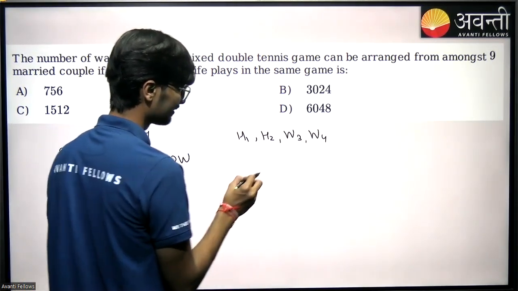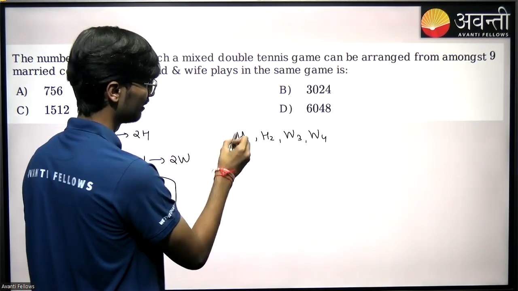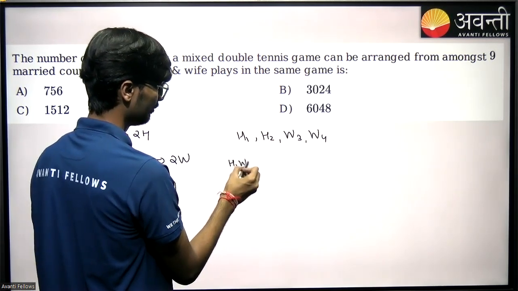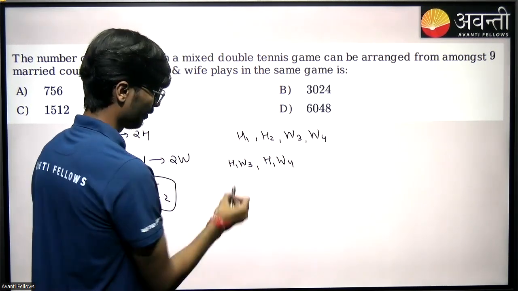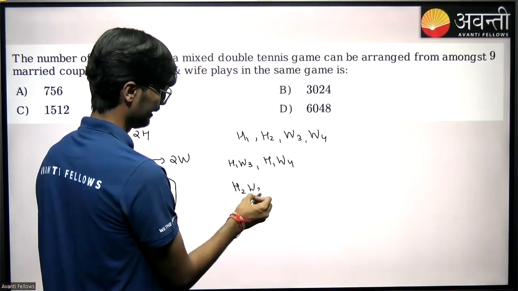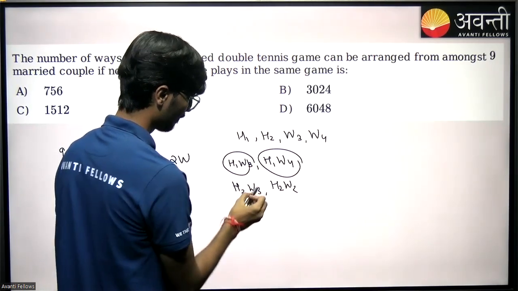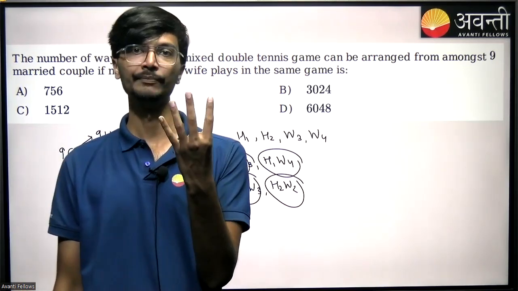So total combinations possible are 4, right? Doubles game. That means 1 man and 1 woman. So H1W3, H1W4, or H2W3 and H2W4. So these are the teams possible. How many teams are possible? 4 teams.